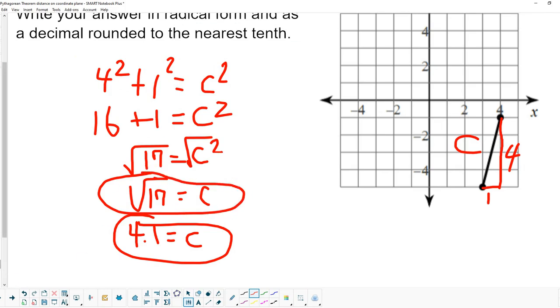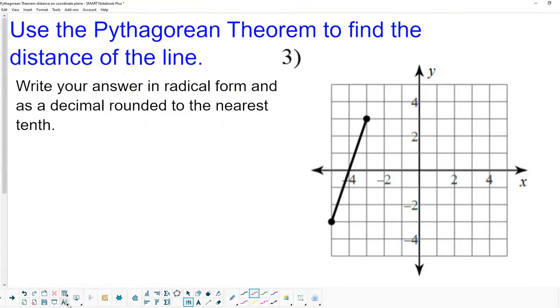Okay, keep it working. On our next one, we've got a base of 2 and a side length going up and down like this. 1, 2, 3, 4, 5, 6, so that's 6. So a squared would be 6 squared.